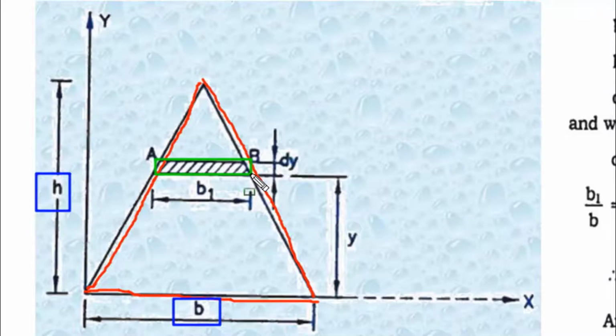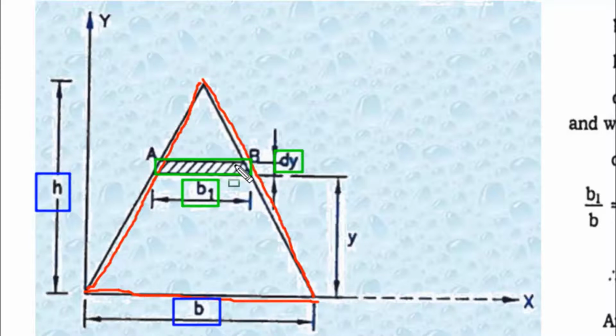Okay, this strip is horizontal and it is a rectangular strip. You have to imagine it as a rectangular strip. Now what is the width of the strip? It is B1, and what is the height of the strip? It is dy. So these are the symbols you have to take compulsorily as B1 and dy. B1 means width of the strip and dy means height of the strip. Okay, the strip is named capital AB.